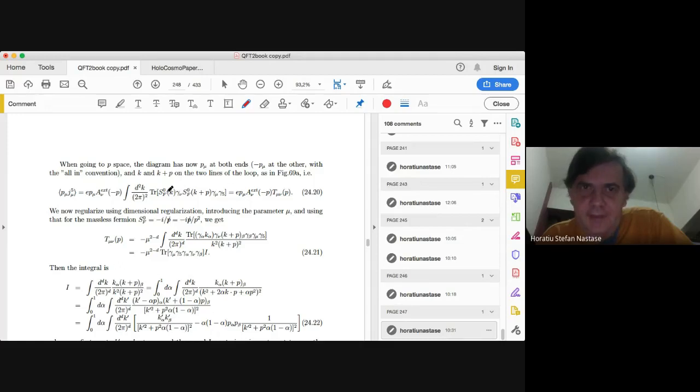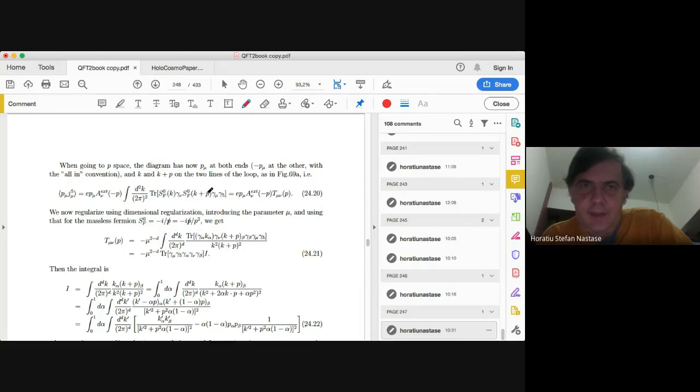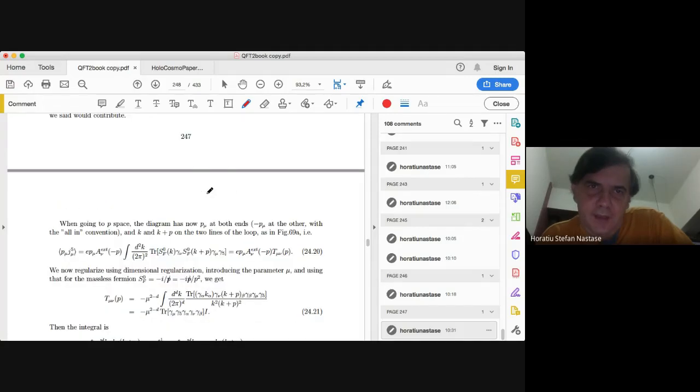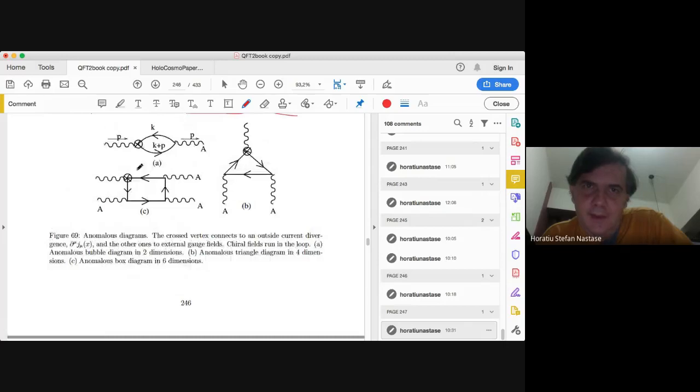And then from the loop integral, I have this integral over k, the loop momentum, and correspondingly the propagator with momentum k and the propagator with momentum k plus p. Right. So then this is really this Feynman diagram.